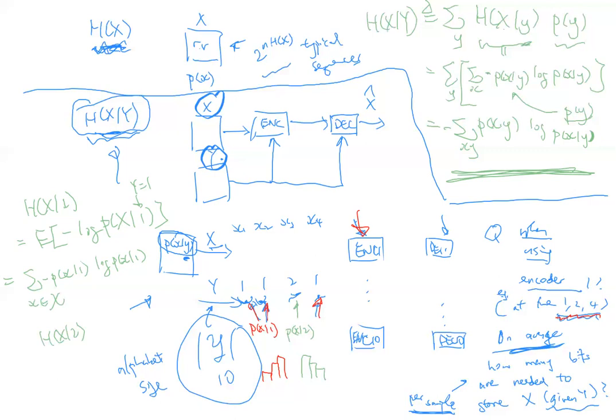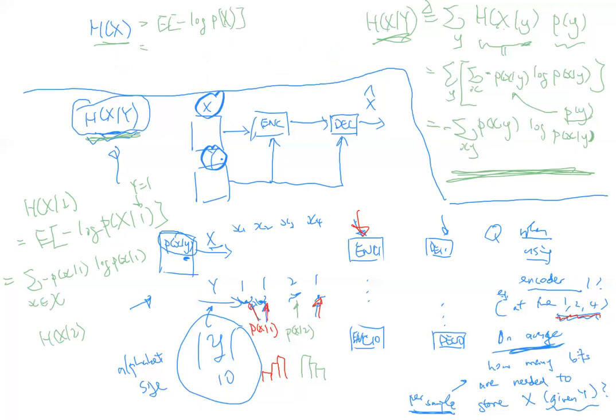Now I hope that H(X) and H(X|Y) are clear, what they are, the physical meaning and the expression as well. So maybe I write down H(X) again and erase most of the stuff here. H(X) is the expectation of minus log p(X), or I can write it as a sum over x of p(x) log p(x).